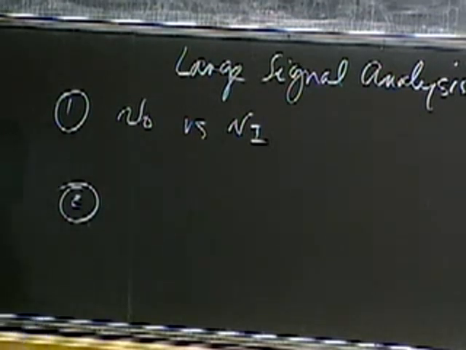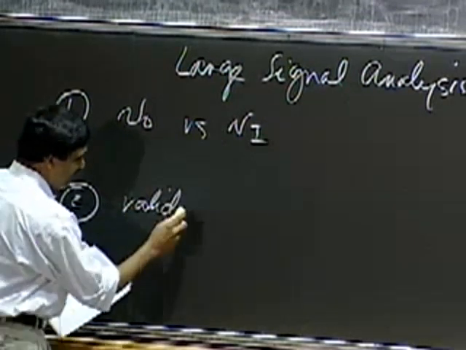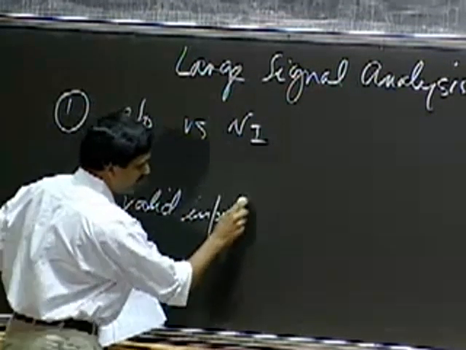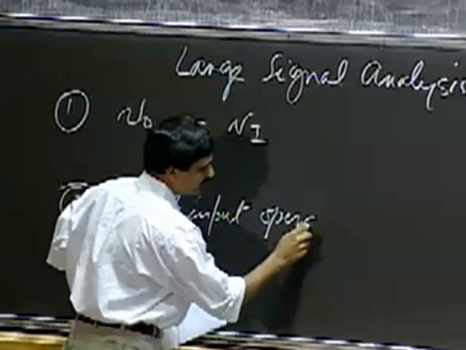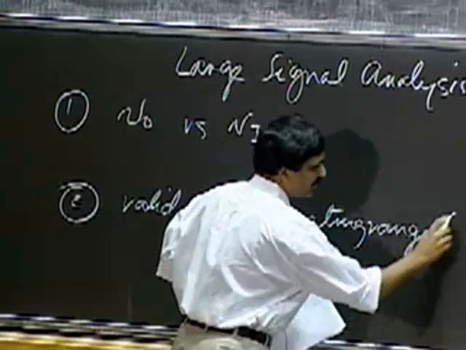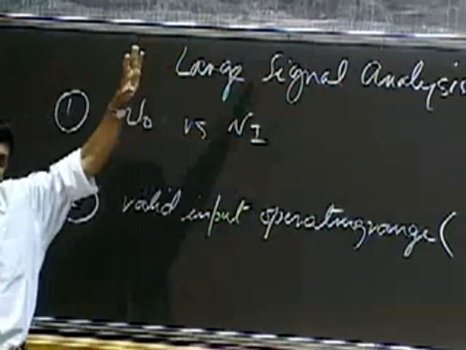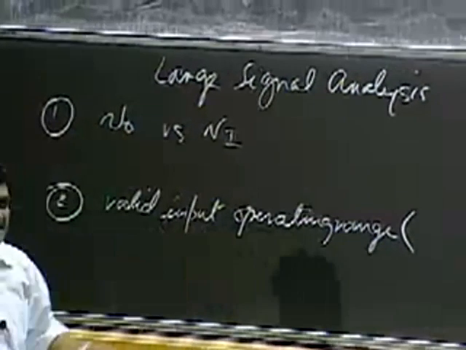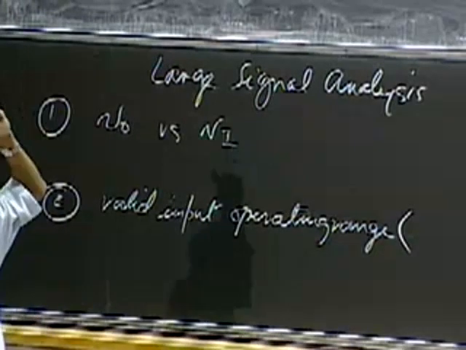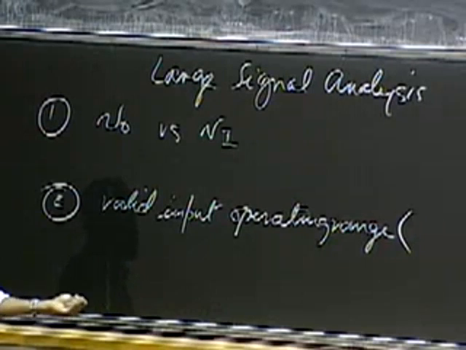And the second part of large signal analysis is to find out the valid input operating range. Find out, for the given circuit parameters, let's say I apply a Vs, and I use some value of RL, and I use a given MOSFET which has a given value of Vt.